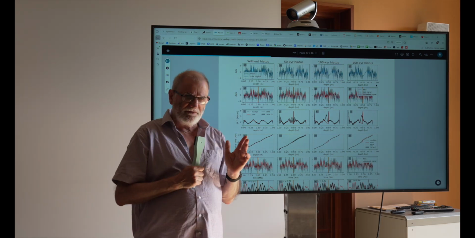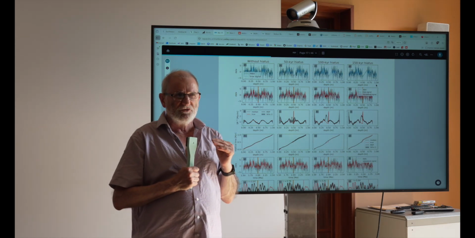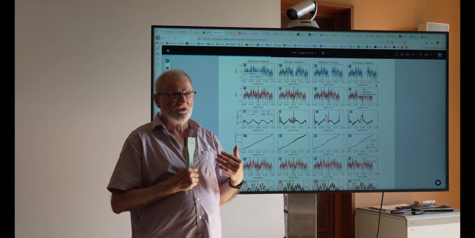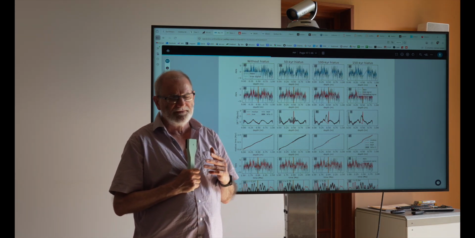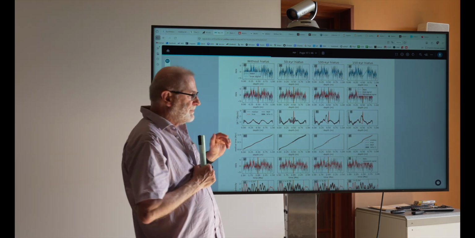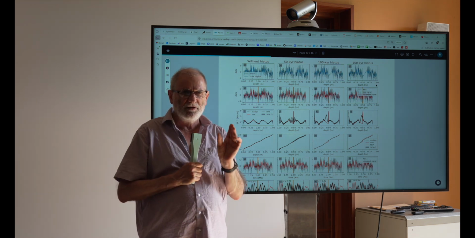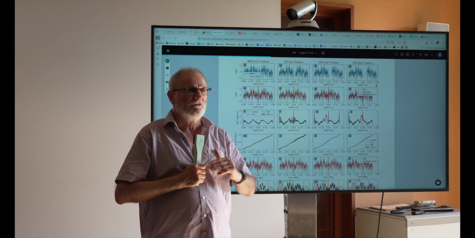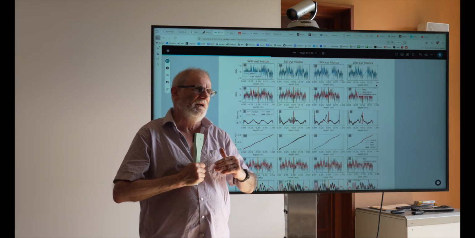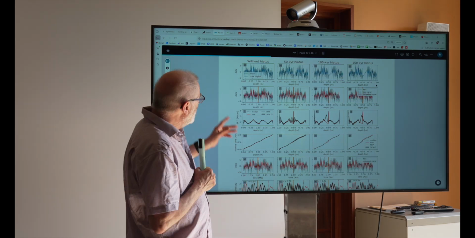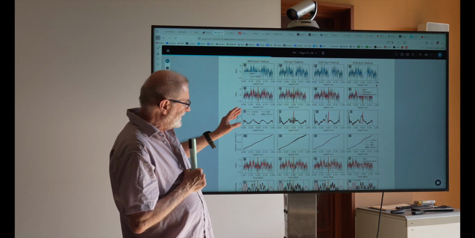In the case of AstroGeoFit, in fact, it can overcome this problem in a very efficient way as long as the gap is not too big. Why? Because it looks globally at the signal, so it will be constrained by the two parts that are on the edge of the hiatus. And this is what you can see here.